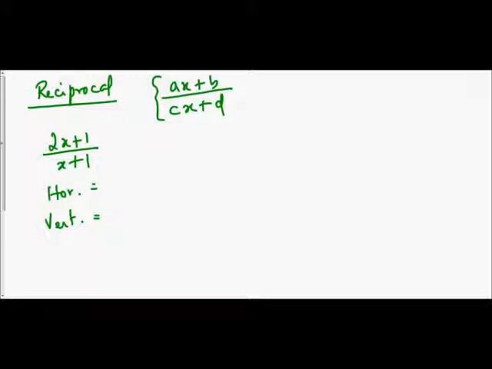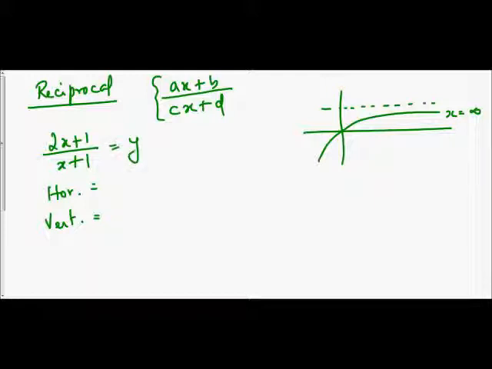So I said a horizontal asymptote is when the asymptote meets the curve at x is equal to infinity. It's easy: if you write this as y equal to 2x plus 1 over x plus 1, and you substitute x is equal to infinity, then this would be of the form infinity over infinity, right?